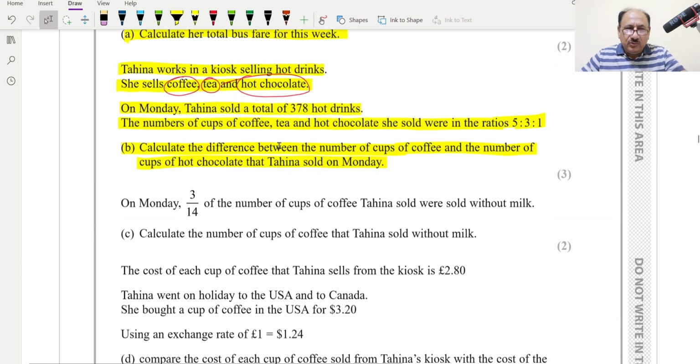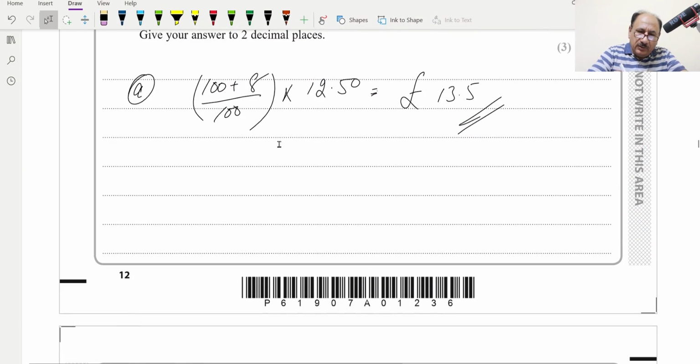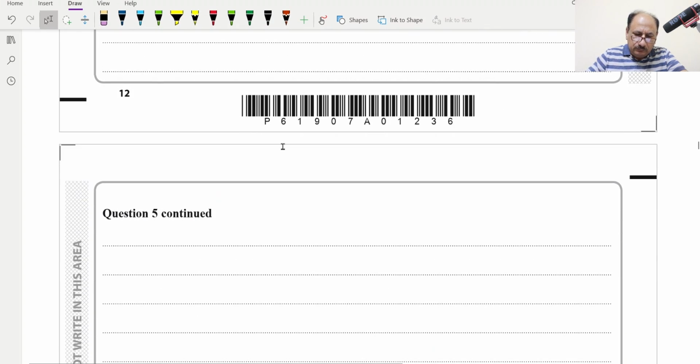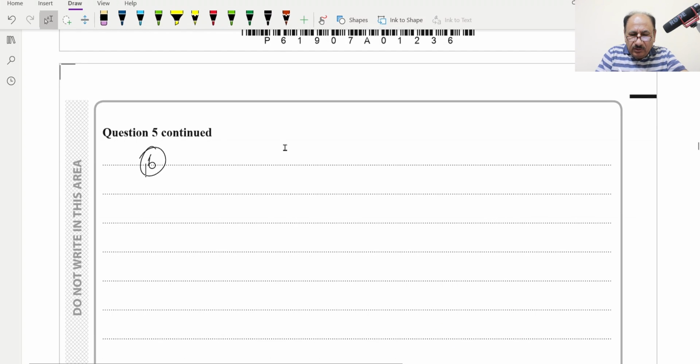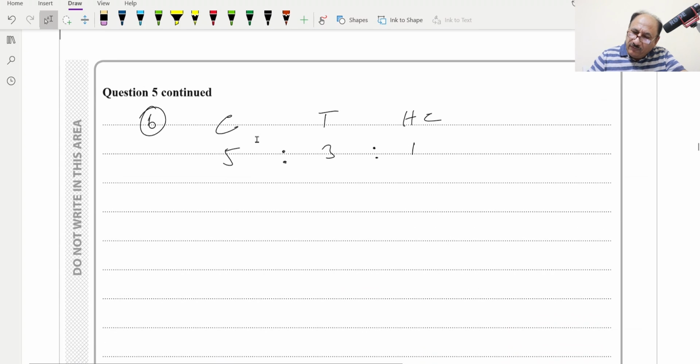So what we can do, we can write the ratios. Coffee, tea, and hot chocolate, 5 to 3 to 1. So what will be the sum of ratios?